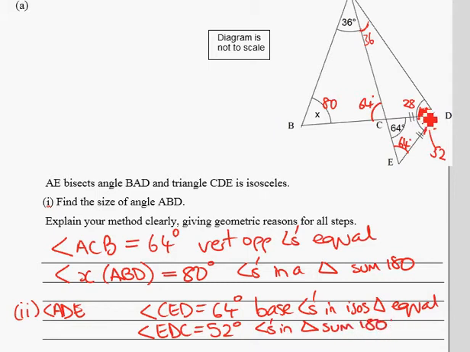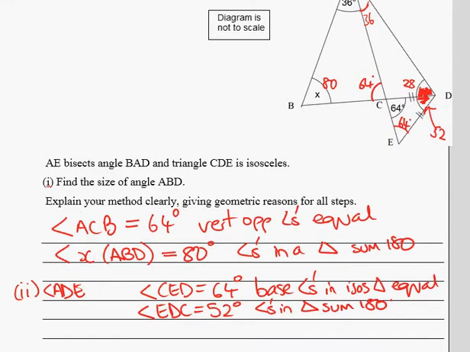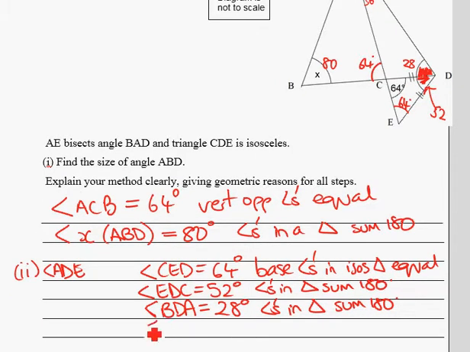Right, and then we need to say BDA for that one. And then of course, angle ADE equals 28 plus 52, which equals 80 degrees.